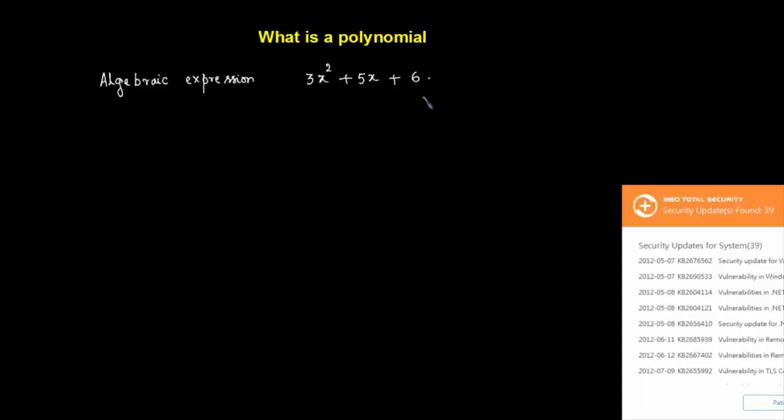Now let us understand what a polynomial is. So in earlier classes, we have learnt about algebraic expressions. What is an algebraic expression? Now let us consider, for example, 3x square plus 5x plus 6. Now you can see that this is an algebraic expression.